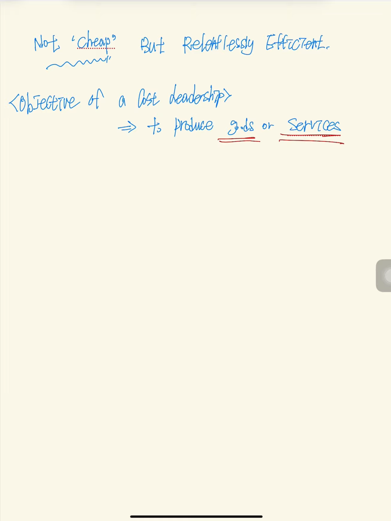But not only that, with what? A level of perceived value that is acceptable to the broad market.